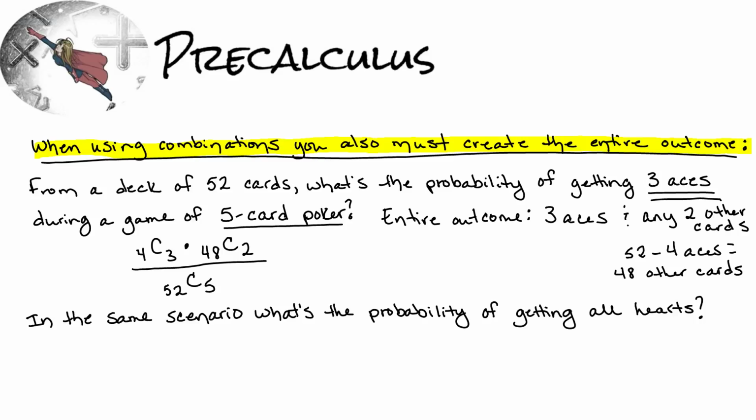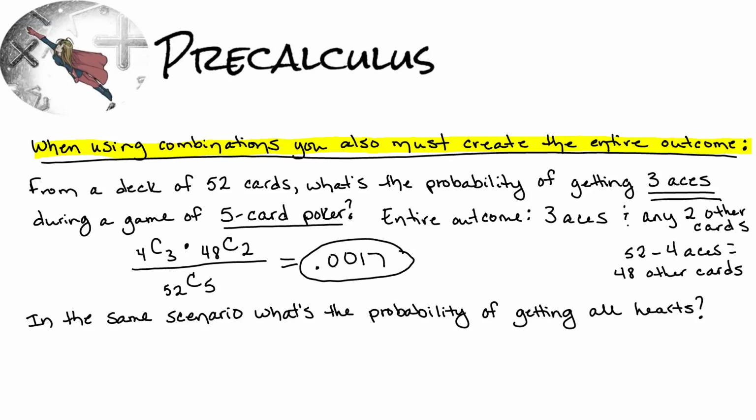And that gives us our denominator. And it's multiplication again for the same reason, because we're choosing the 3 aces and the any 2 other cards. So and is multiply. I did this in the calculator and it gave me 0.0017. So we can just say that.